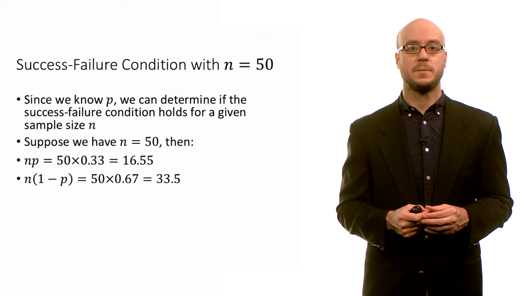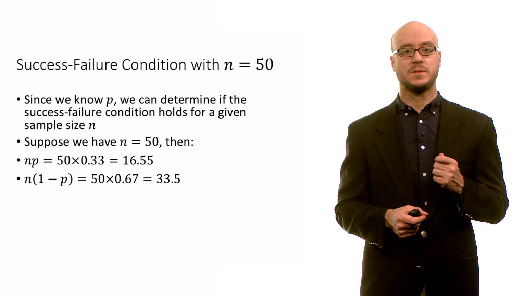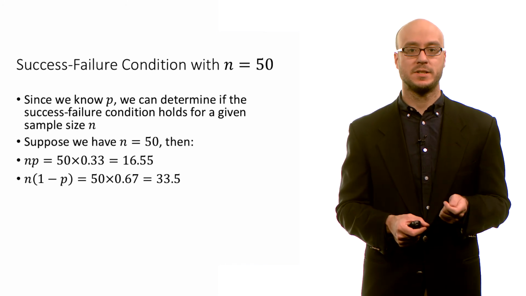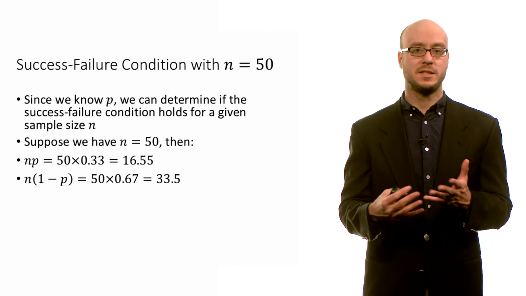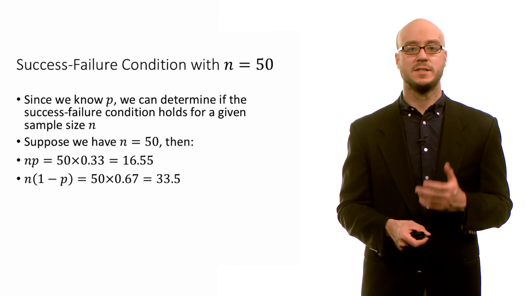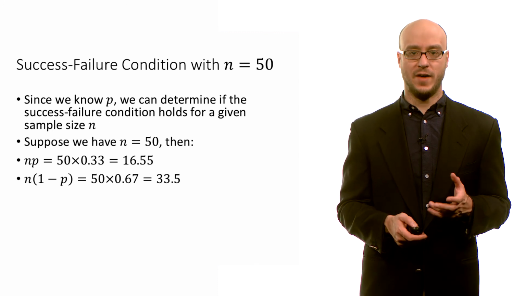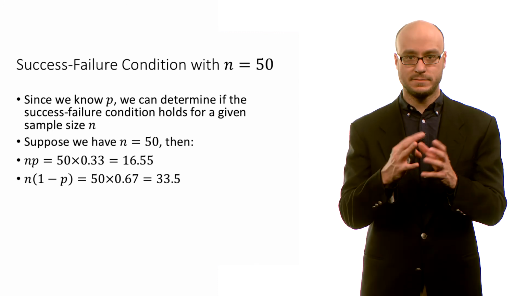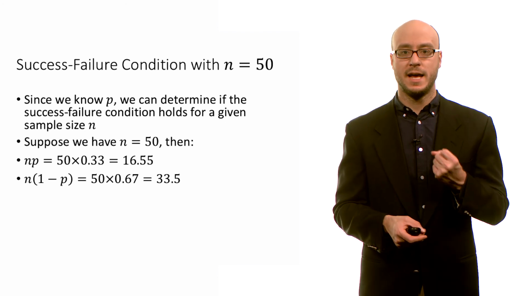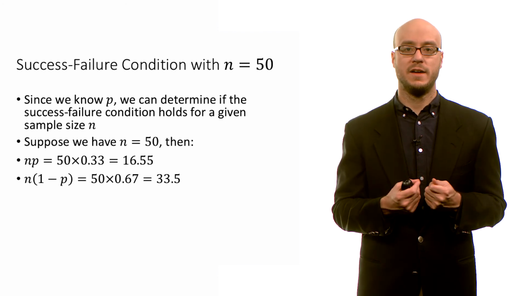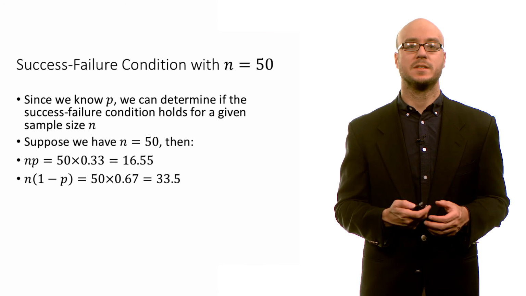So let's look at a sample size of 50. n times p is about 16.55. So with a sample size of 50, we'd expect about 16.55 successes and about 33.5 failures. Out of that sample of 50, we'd expect 16.55 to be heads of households and 33.5 people to be not heads of households.